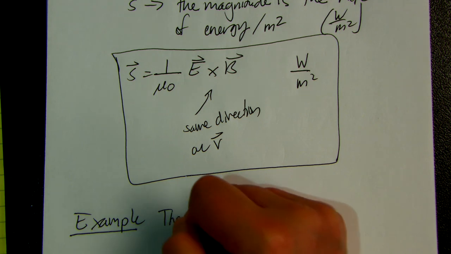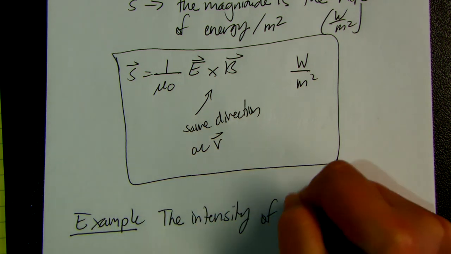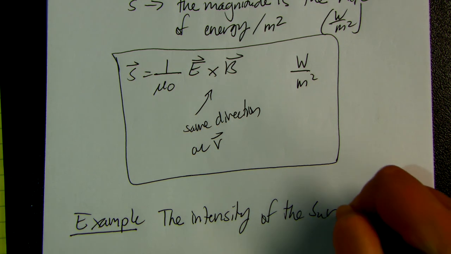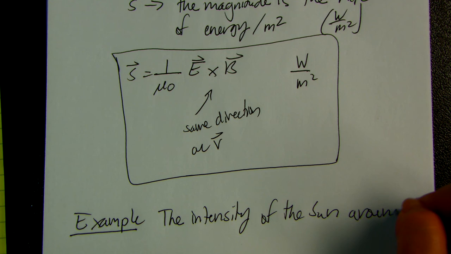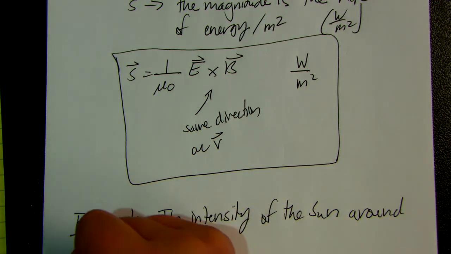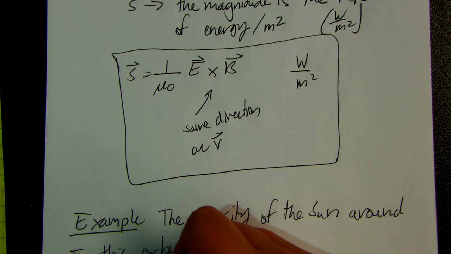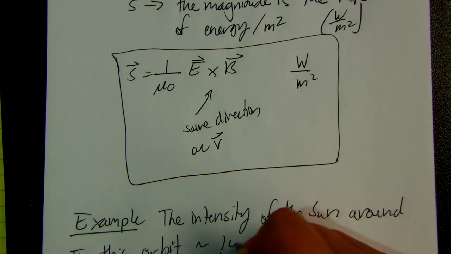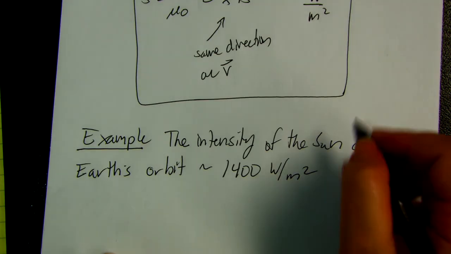The intensity of the sun around Earth's orbit is approximately 1,400 watts per meter squared.